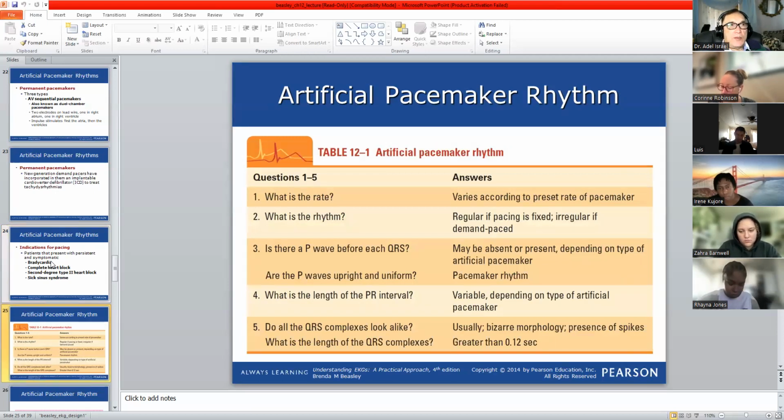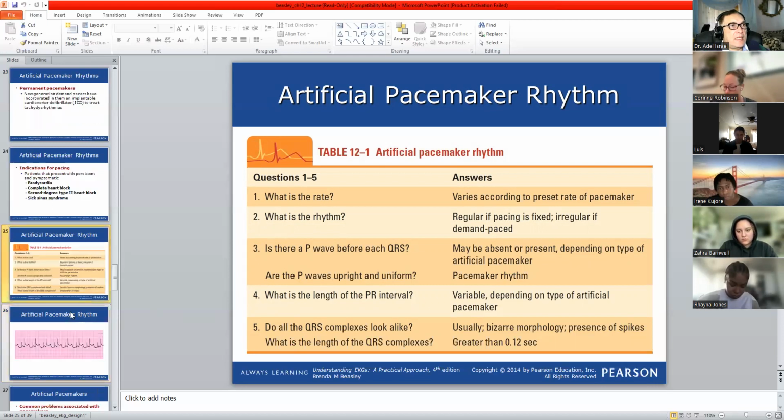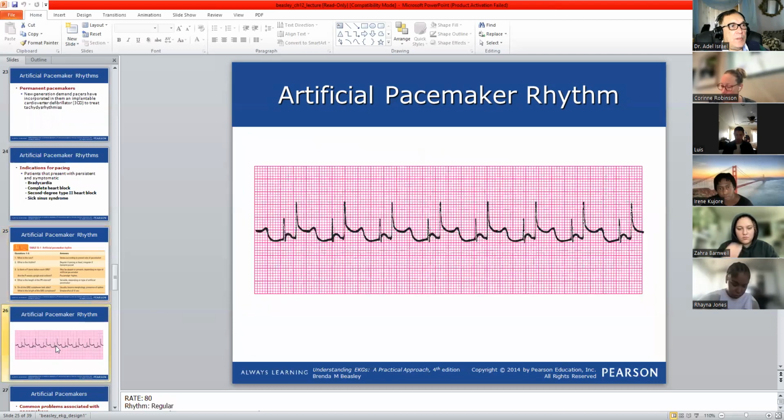Like we learned together, we have this wonderful slide, and this slide is a summary of what we mentioned earlier. Let us go by practice, and this practice will help us realize what we mean by this pacemaker.